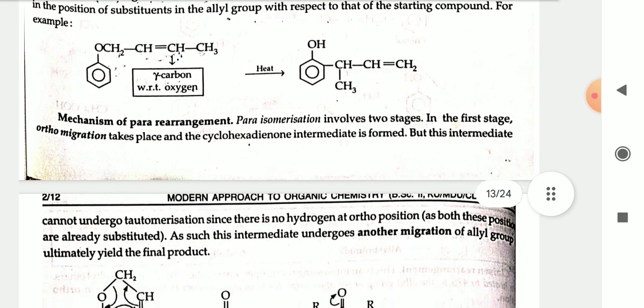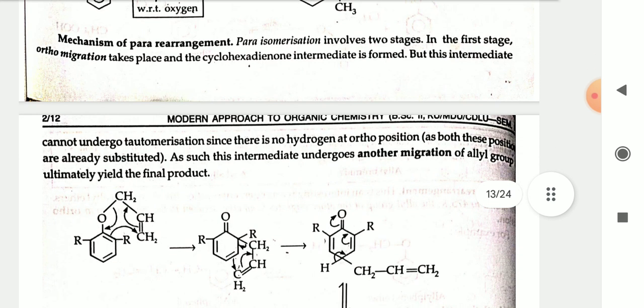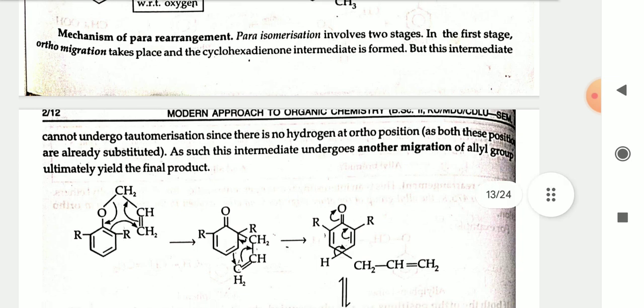Mechanism of para rearrangement. Para rearrangement involves two stages. In the first stage, ortho migration takes place and the cyclohexadienone intermediate is formed. But this intermediate cannot undergo tautomerism since there is no hydrogen at the ortho position, as both these positions are already substituted.